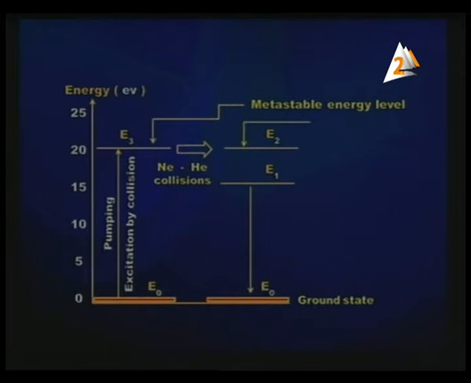Moving from E1 to E0 is a rapid decay, and we'll obtain laser when we obtain population inversion in E2. We'll obtain laser of wavelength 632.8 nanometer. We'll explain this one by one. So let's start.